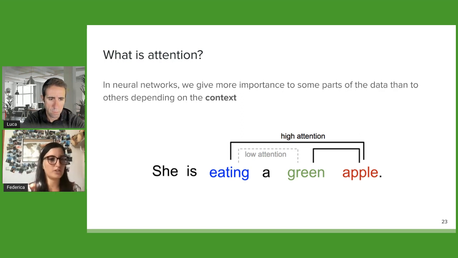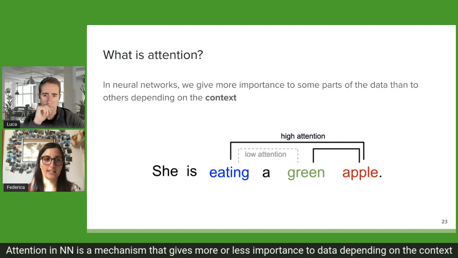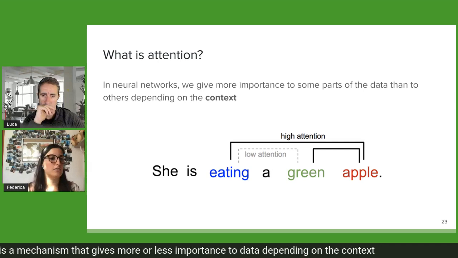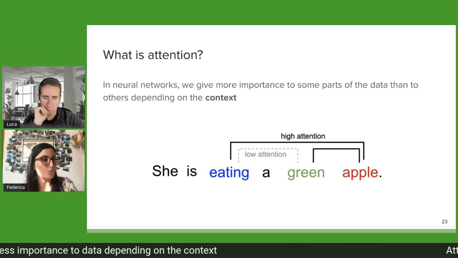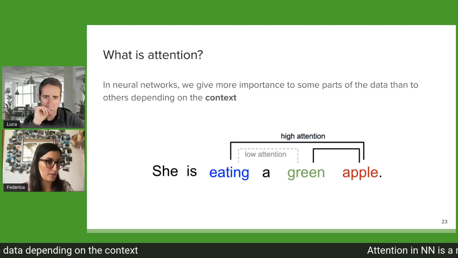And here I put an example because it's simpler to explain like this. For instance, as I said before, she's eating a green apple. We have that green and apple are strictly related, no? So we have high attention. Instead, eating and green are not related, so there is a low attention between them.